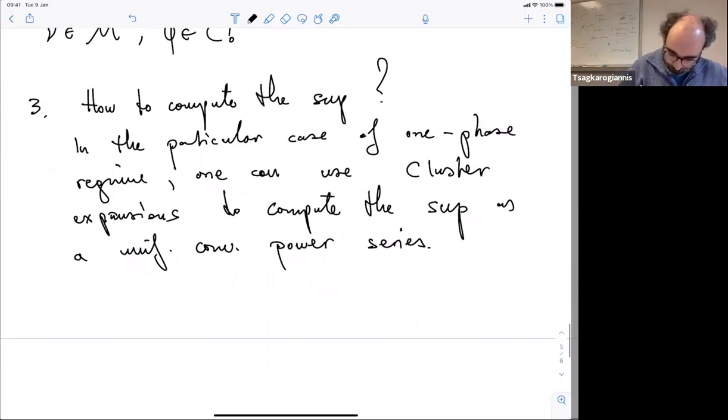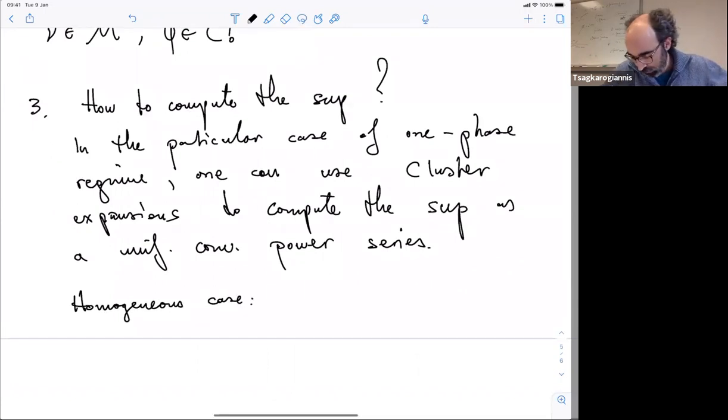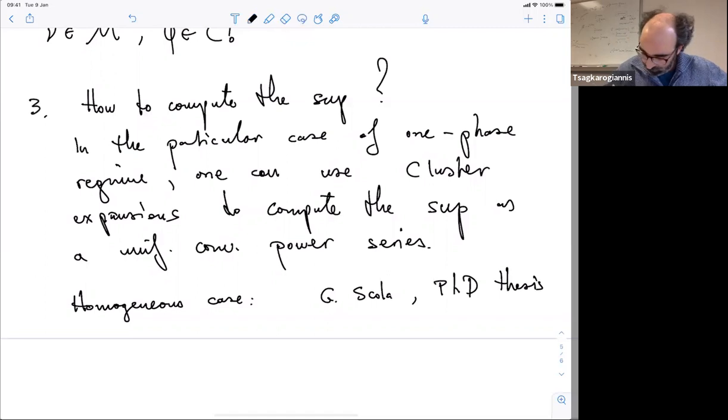So for the homogeneous case, there is a paper by Giuseppe Scola, who was a student of mine here in L'Aquila. It was in his PhD thesis at GSSI in 2001, so very recent.